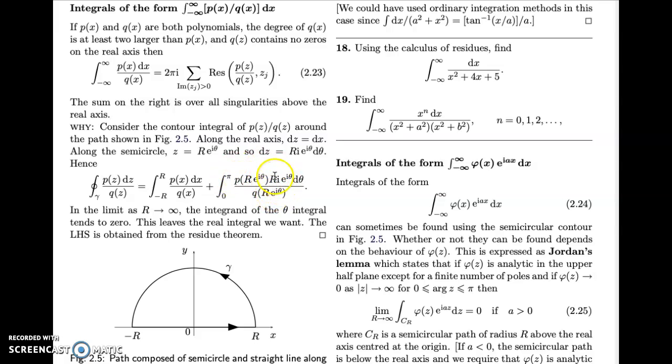So as r goes to infinity, this integrand is going to tend to 0, which means in the end this integral itself will tend to 0. So as r goes to infinity, this semicircular line will go to 0, as long as this condition here is satisfied. So we just end up with the integral we want being equal to this contour integral, and the contour integral by the residue theorem is simply 2 pi i times the sum of the residues inside.